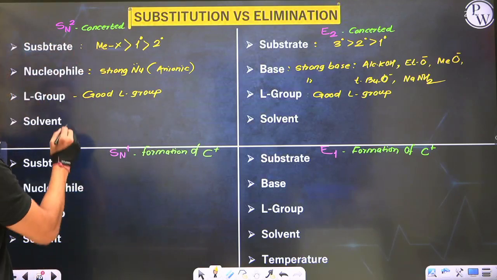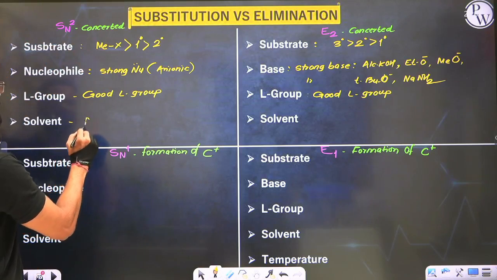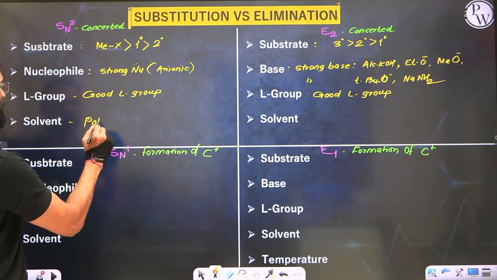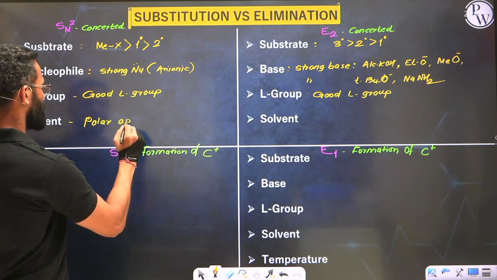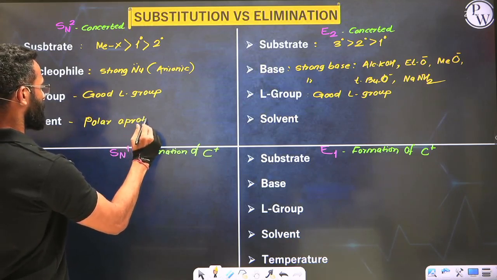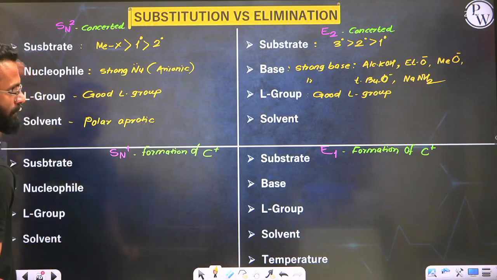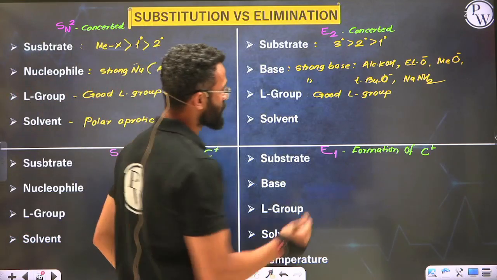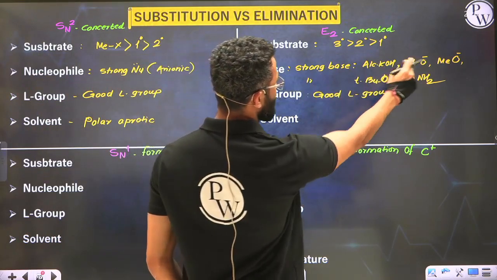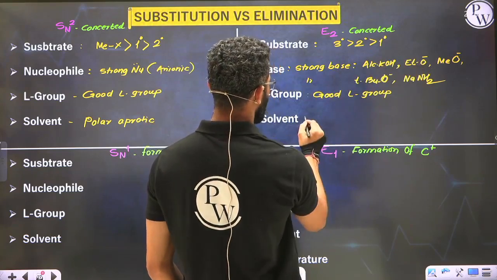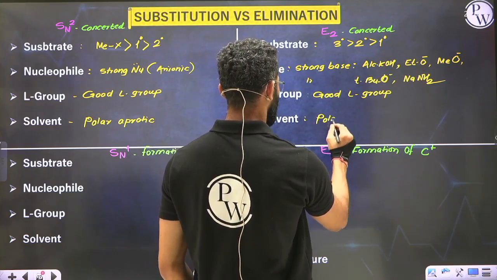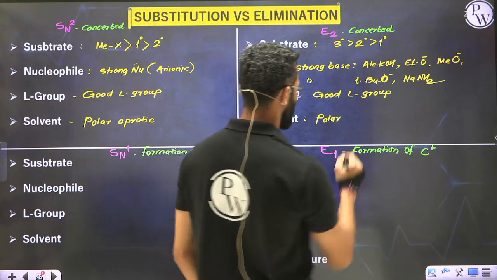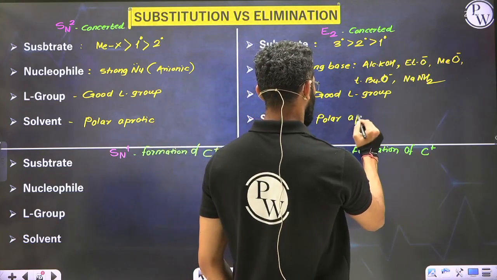So for SN2, the favorable solvent is polar aprotic. Here, again for E2, you need stronger bases. All are anionic, you see that. Which means again you don't want them to be captured. So here as well you will need polar aprotic.